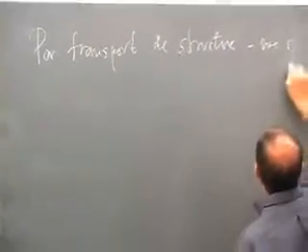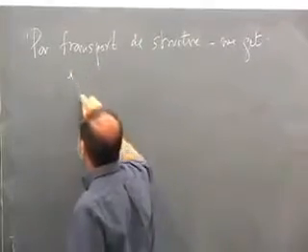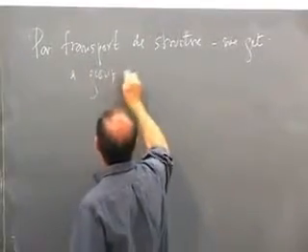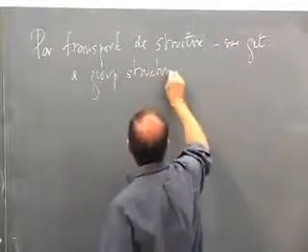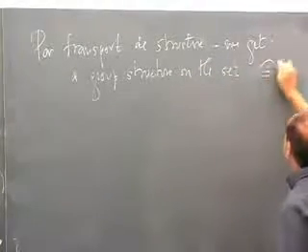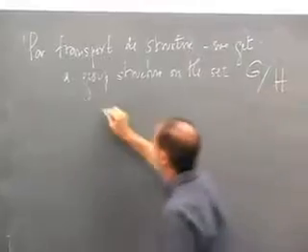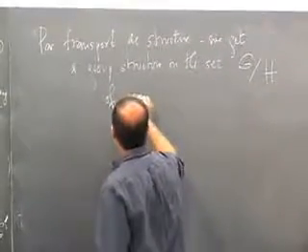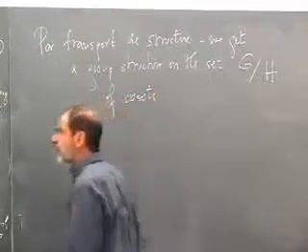We get a group structure on the set, and we'll call that set G mod H of cosets. And the group structure has the following form.